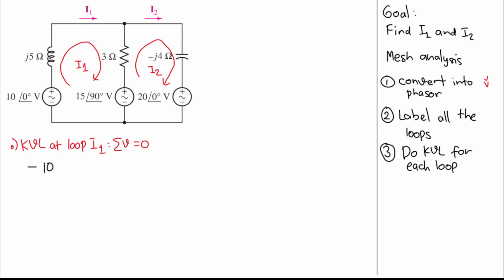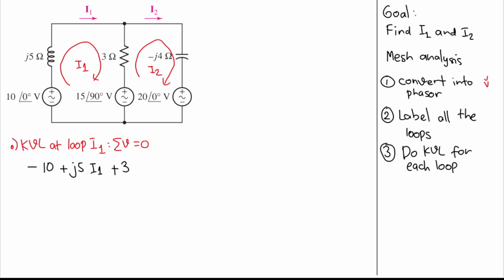And then let's move on to this one. We will have plus J5, but J5 is an impedance. To get voltage from impedance, we multiply it by the current. The only current that passes through it is I1, so I will have J5 I1. Then we move on to this 3 ohm resistor. We will have plus 3, but here we have two currents, I1 going down and I2 going up.